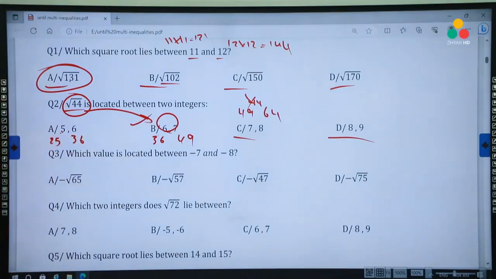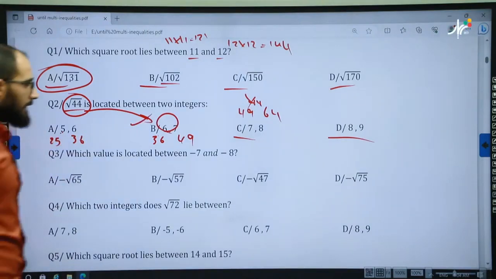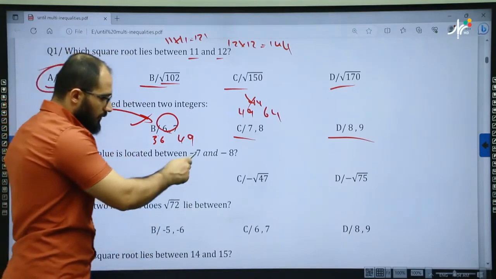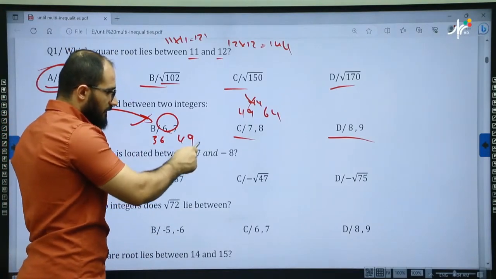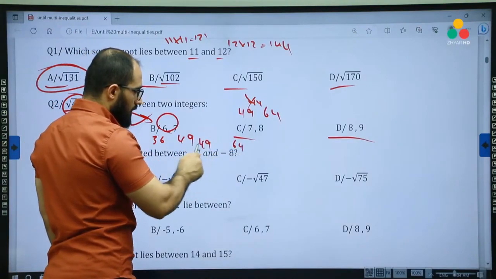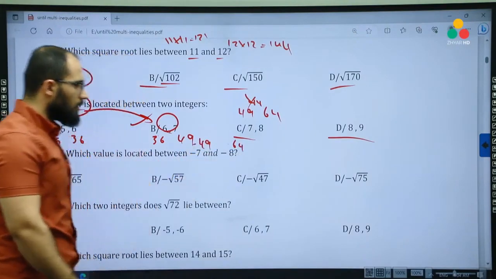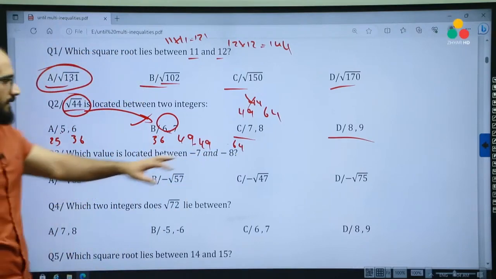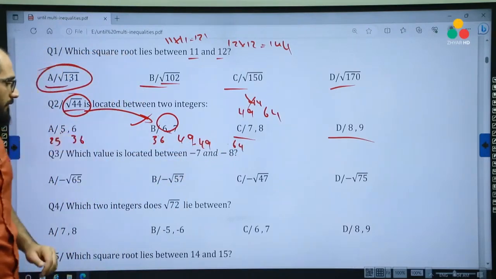Question 3, which value is located between negative 7 and negative 8? Again, we are going to square both numbers. 7 times 7 is 49. 8 times 8 is 64. So, which number is located between 49 and 64? 65 is greater than 64, so it is above them.